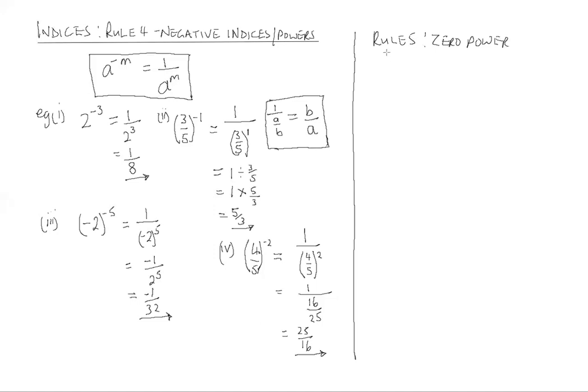Can just underline here. So anything raised to the power 0, the answer we get is 1. Doesn't matter what it is, whether it's x, whether it's a number, whether the number is a million or a billion, anything raised to the power 0, the answer that you get is 1.